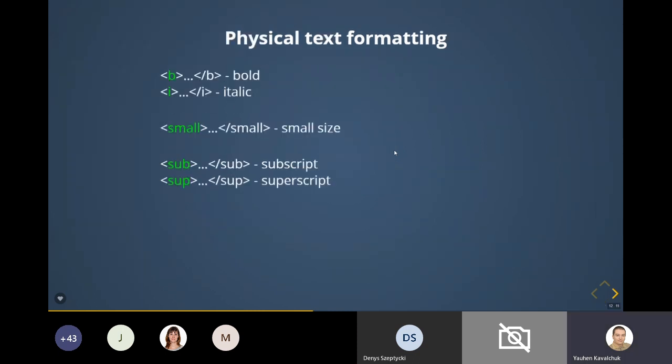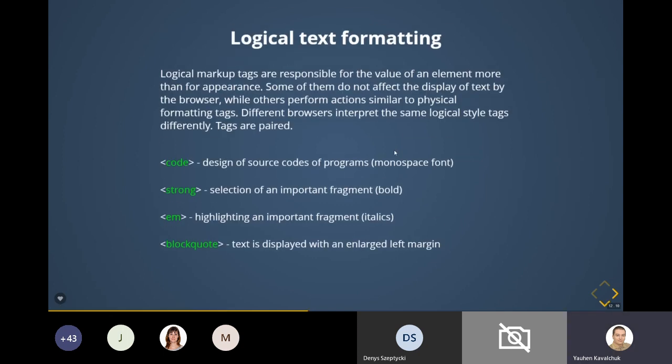And on the opposite side, there is physical formatting. On the previous slide, as I said, we have the tags strong and EM. One has the style bold, another one has the style italic, but strong and EM have logical formatting.